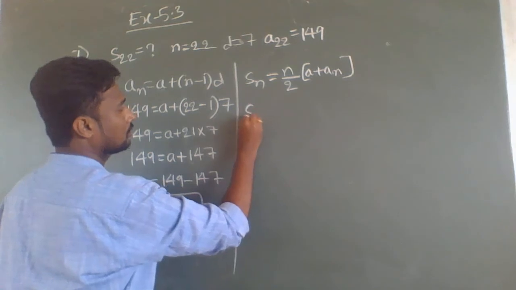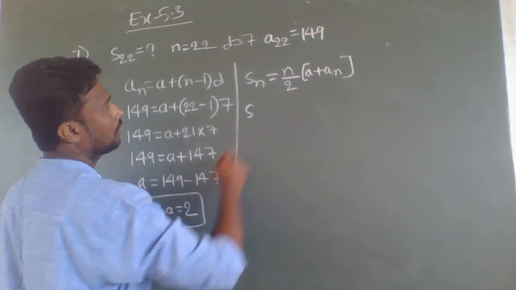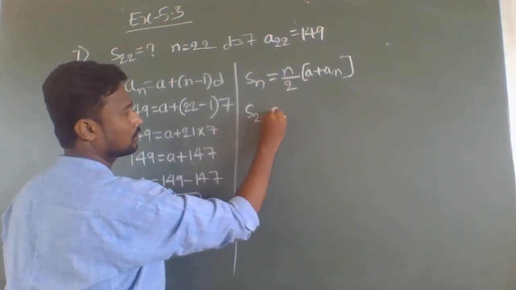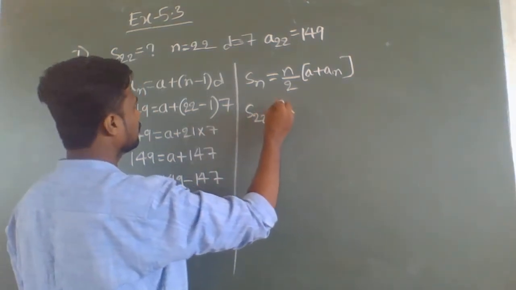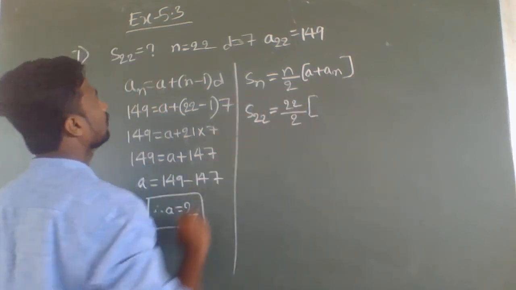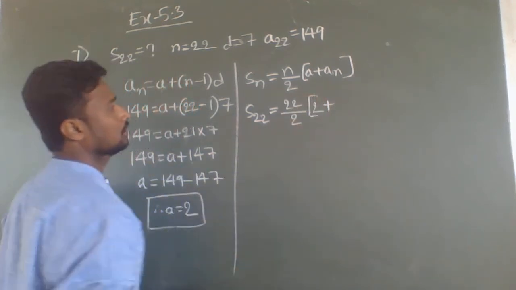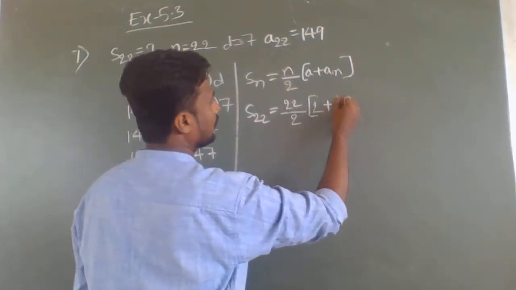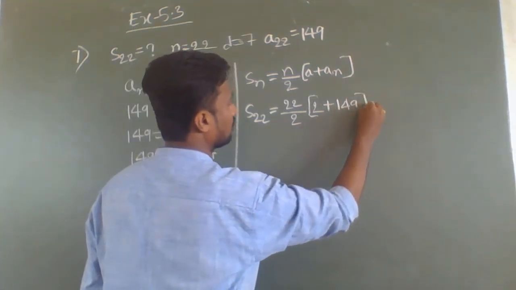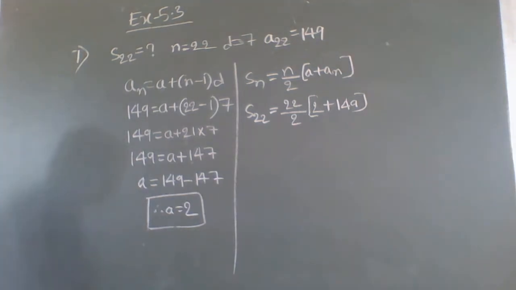I have the n value, the a value I just calculated, and they have given the an value also. So S22 equals 22 by 2, into the a value 2, plus the an value, which means a22 only, 149, right?